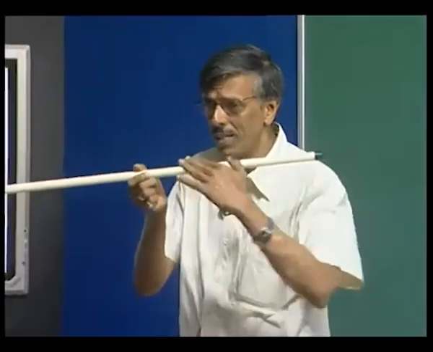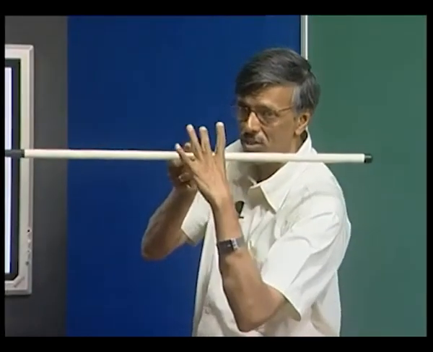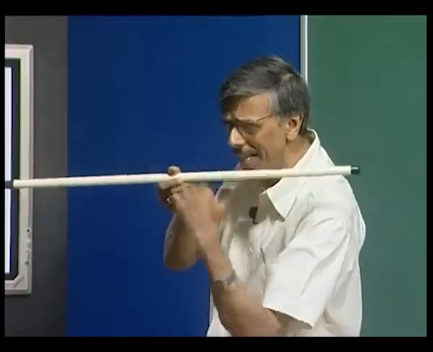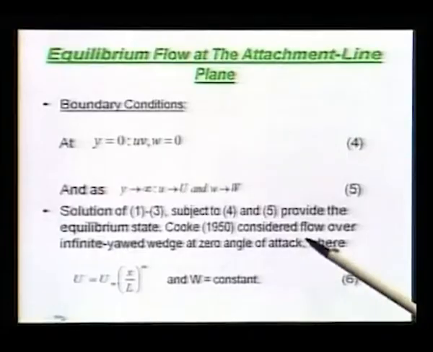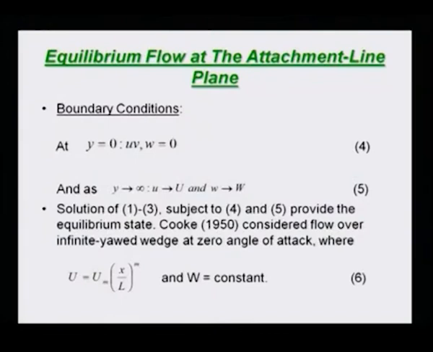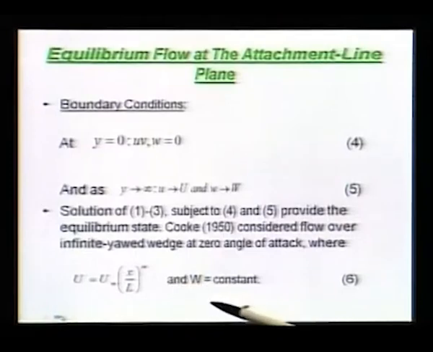So, basically the attachment line plane itself, I am considering there is a wedge there, okay, and the flow is coming right at the leading edge of the wedge, and then we can prescribe the variation of u like what you do in the Falkner-Skan profile. It goes as x to the power m, okay.